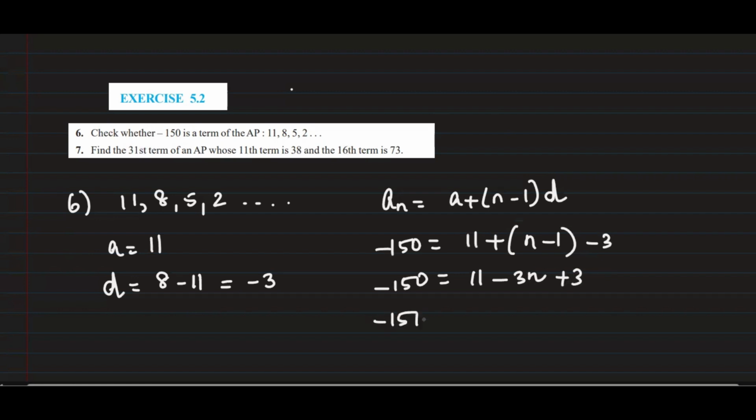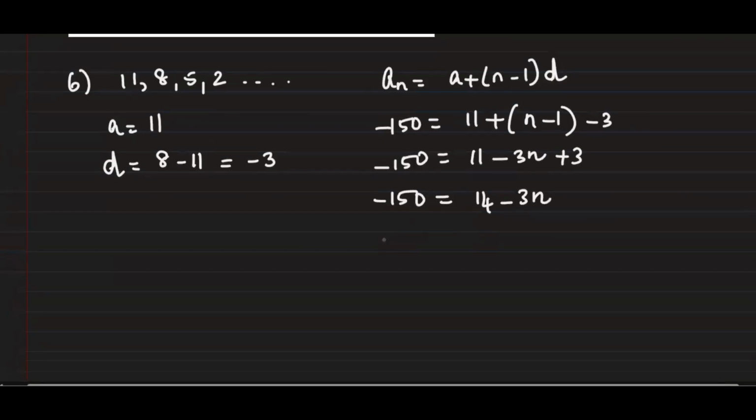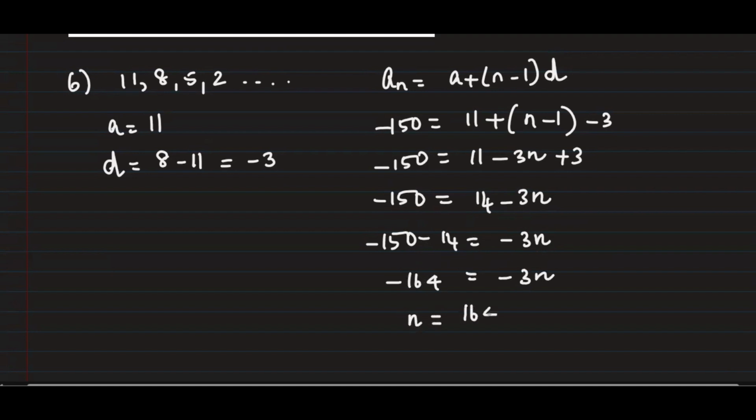So minus 150 is equal to 11 plus 3, which is 14, minus 3n. Taking 14 to the other side, negative 150 minus 14 is equal to negative 3n. Adding 150 and 14 gives negative 164 is equal to negative 3n. Cancel the negative sign. Then n is equal to 164 by 3.